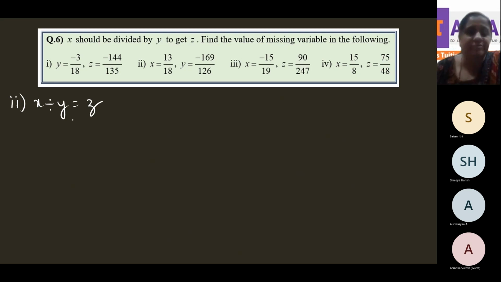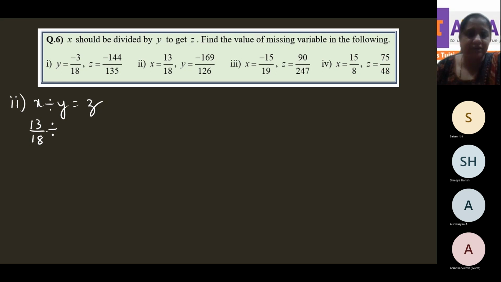Yes, one of you read out the steps from your notebook. Ma'am, for the second one, x is 13 upon 18 into 126 upon 169. No, I want all the steps. First, we'll have to substitute.